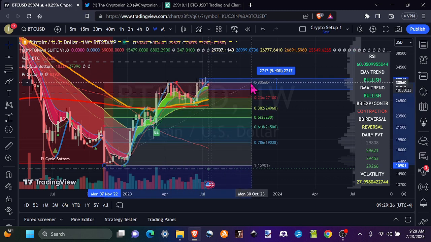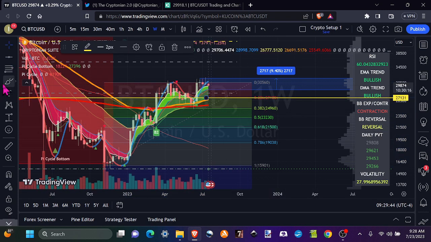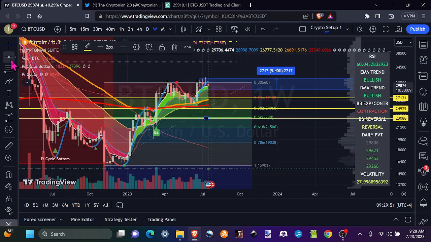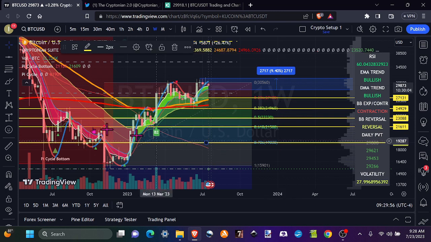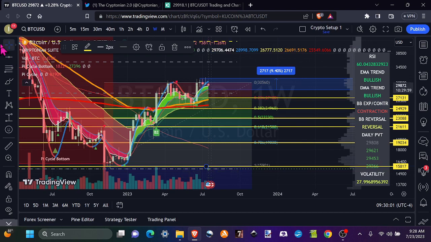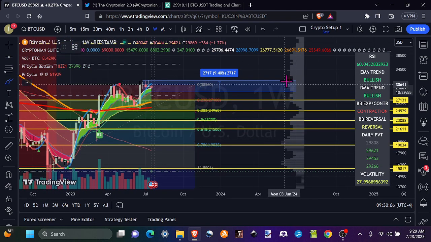So let's take a look at this right here. I would put a fib line here, and that would be a purchase point. I'd put a fib line here, that would be a purchase point with an order. I'd put a fib here, a purchase point with an order, and here, and here, and even here, right? And I've used this strategy before with investing, and basically it's just dollar cost averaging in, right?